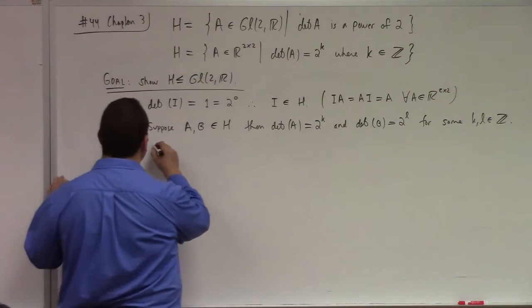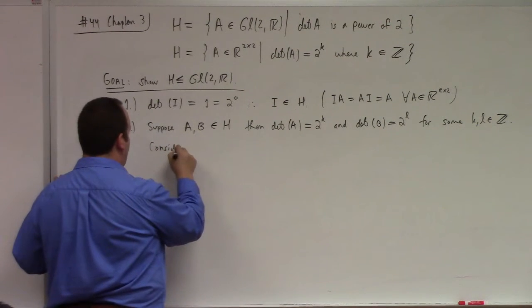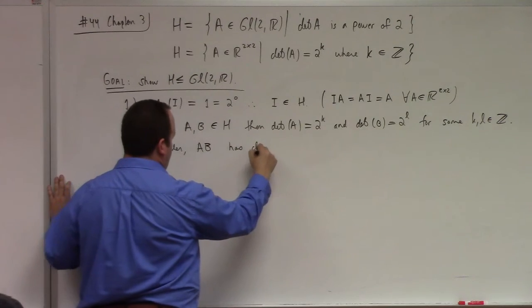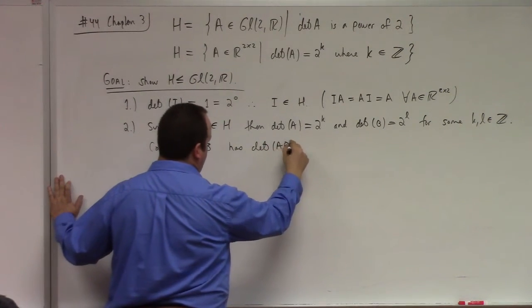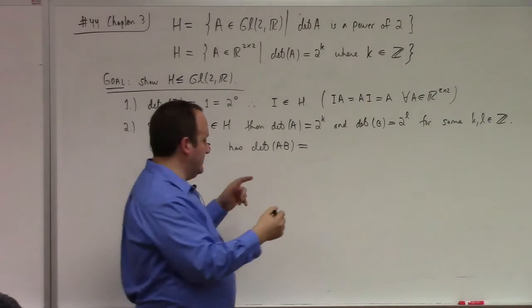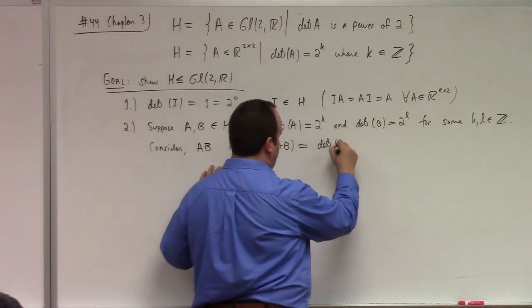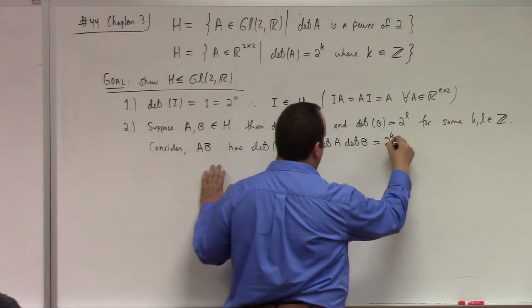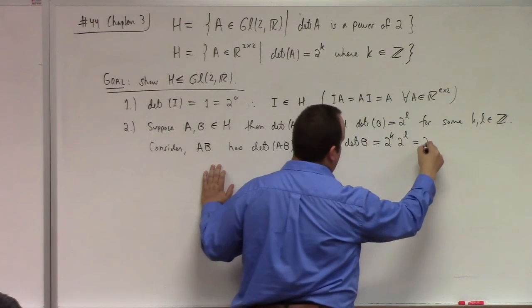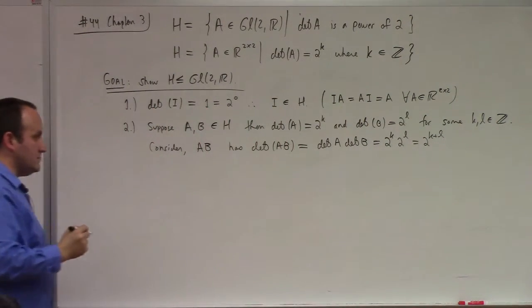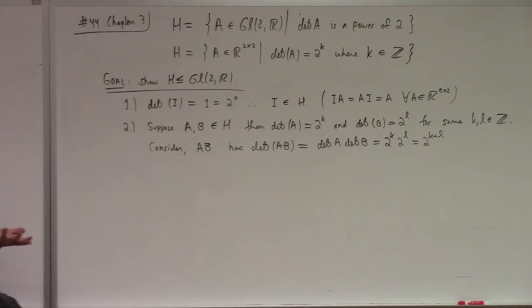Consider then A times B. The determinant of AB is equal to what? The product of the determinants. So I can do determinant A, determinant B. So that's 2 to the k, 2 to the L, which is 2 to the k plus L. But hey, k plus L is an integer again.